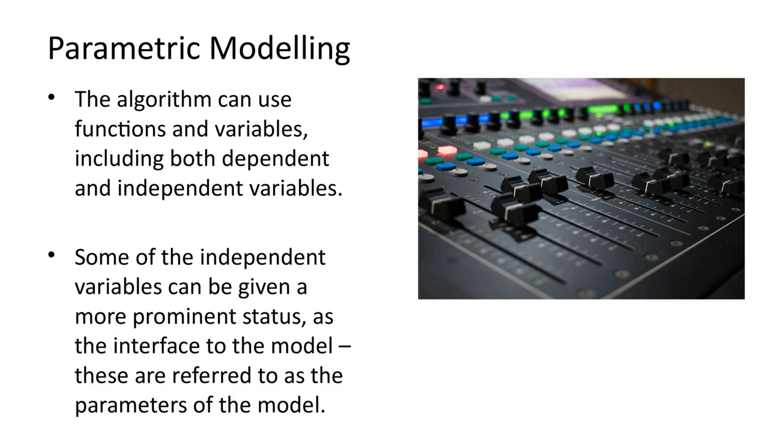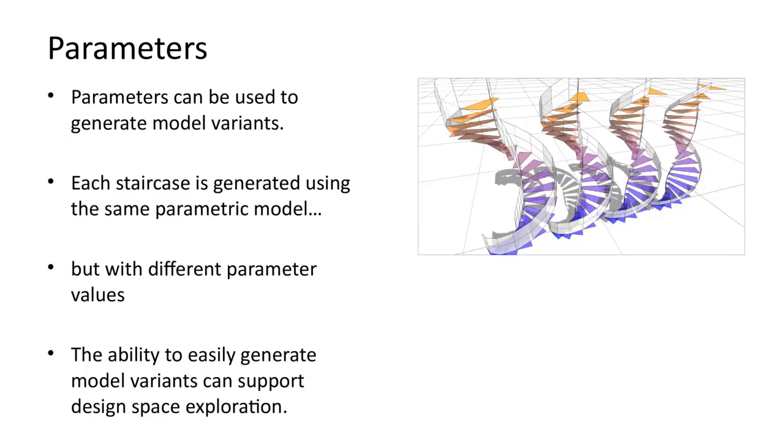Such an algorithm typically calls various functions in the host system. For example, functions for creating and modifying geometric entities. The algorithm will also define different types of variables. Independent variables can be exposed as parameters to the model. Such parameters may be presented through a user interface. The parameters can be used to generate variants of a particular model.